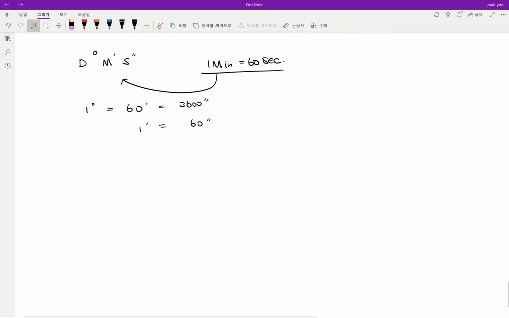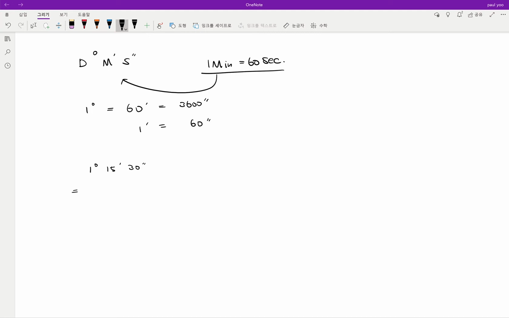So you can convert 1 degree, 15 minutes, and let's say 30 seconds, back to all in terms of degrees only.